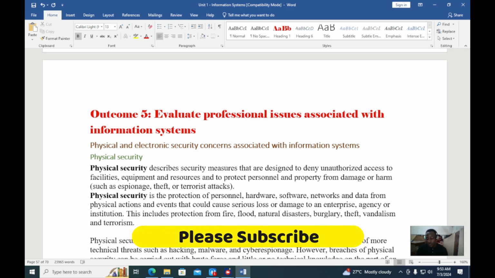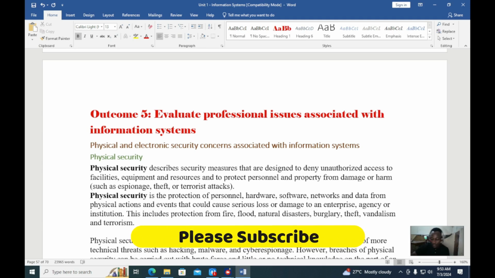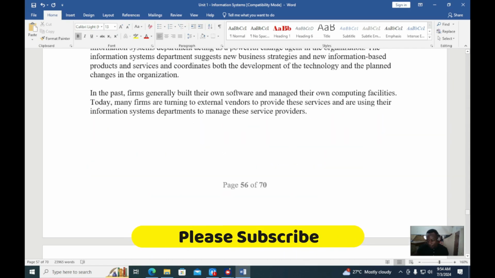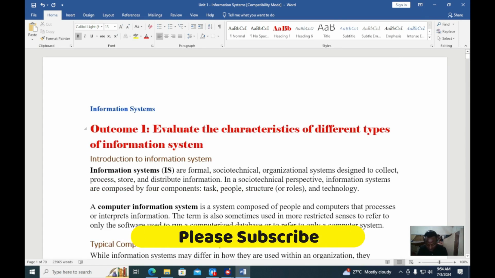What are the professional issues that are associated with information systems? That is the last outcome of our unit.